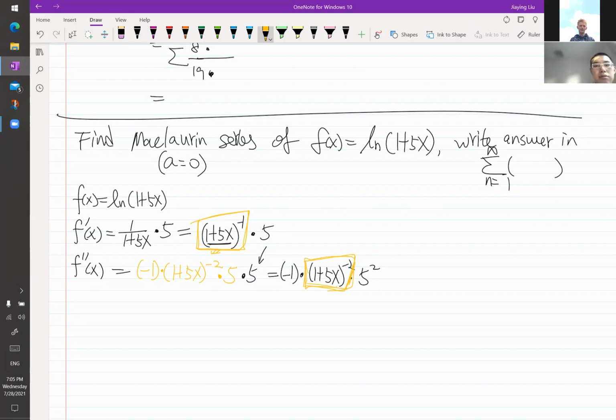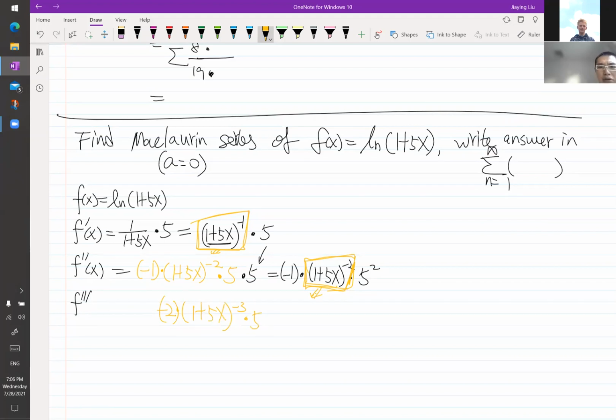Again, put it aside. For the next derivative, I'm going to focus on this part with a negative 2 in the exponent, nothing else. The constants in front and after it, I'm going to leave. So for the third derivative, let me take the derivative of this part first. That will be -2 times 1 plus 5x to the -3. But then I have to use the chain rule for the function inside. So that's a 5.